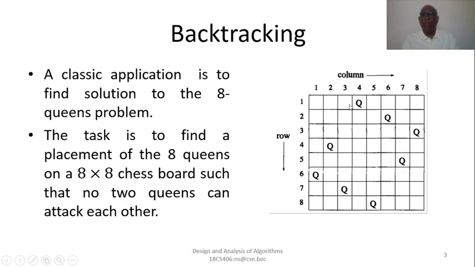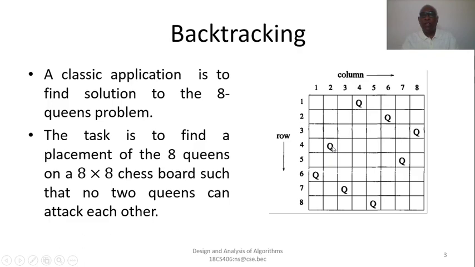For example, the first queen, placed obviously in the first row, is in column 4. The second queen, which is in the second row, is placed in column 6. The third queen is placed in column 8. Similarly, the other queens are kept in their respective columns.